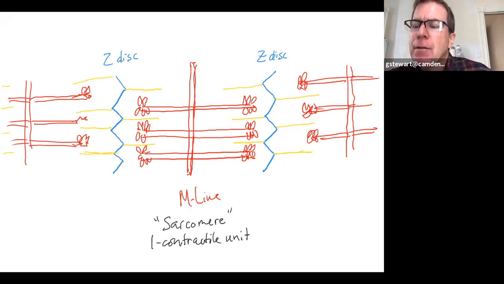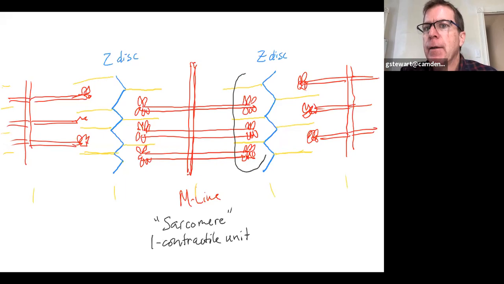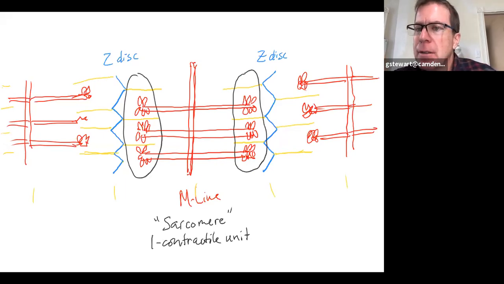Now you can see this regular arrangement of myofilaments. This pattern that goes here, here, here, here, here, and the overlapping of these filaments in this area is what gives the muscle cell its striated pattern.